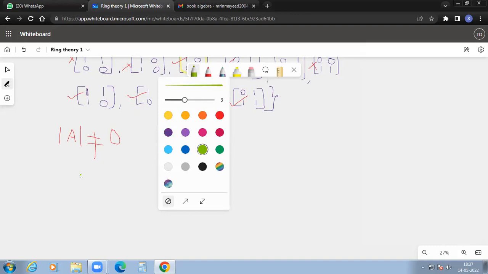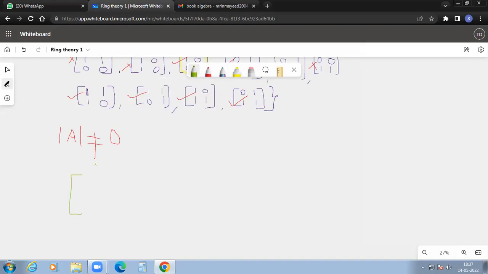If suppose I select 1, 1 and 1 in this place and a 0 here, what is the inverse of the matrix? If I multiply by it, I need to get the identity matrix, isn't it? That is [[1,0],[0,1]].